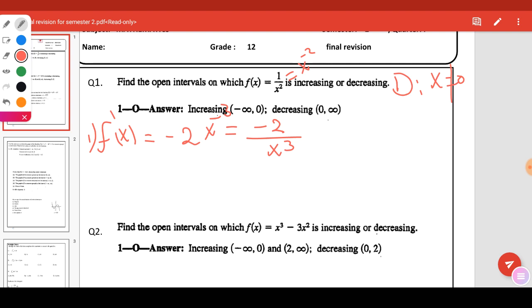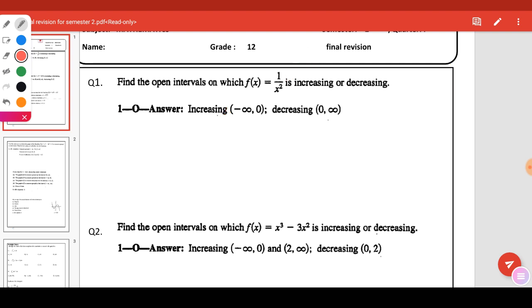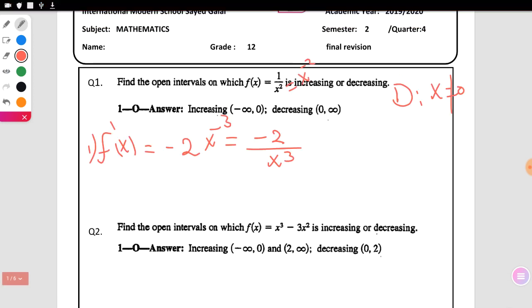Here we don't have any values of x which make the numerator equal 0, so we don't have any critical number at which the first derivative equals 0. We will find the critical number where the first derivative does not exist.